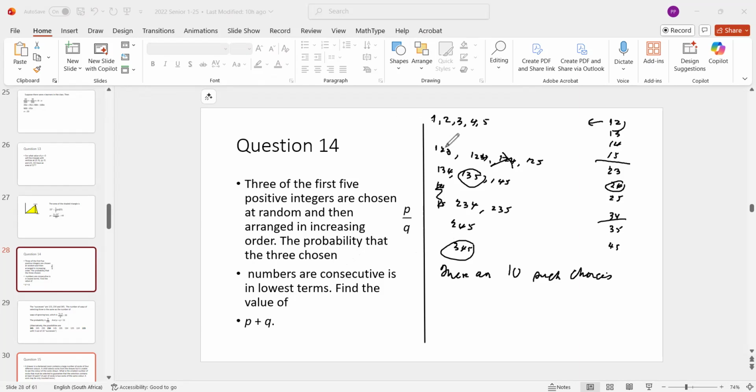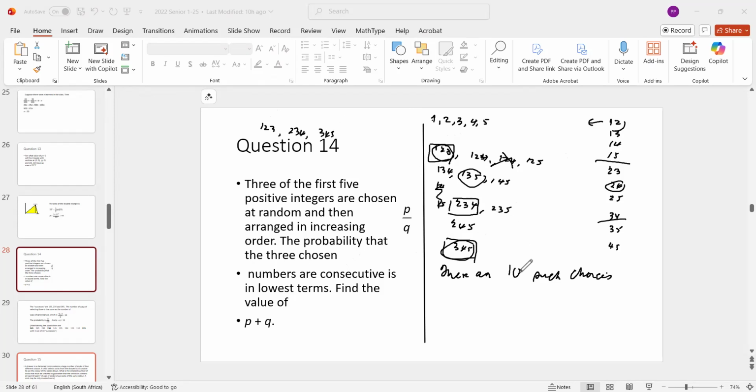And the question is the probability that the 3 chosen numbers are consecutive. All right, which are the consecutive ones? 1, 2, 3. Let's put that in square brackets. Then 2, 3, 4, and 3, 4, 5. Those are the only consecutive numbers. The one that starts with 1, the one that starts with 2, the one that starts with 3.